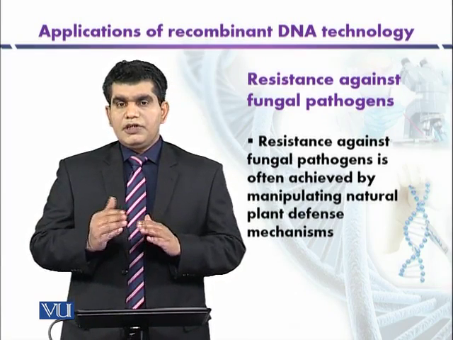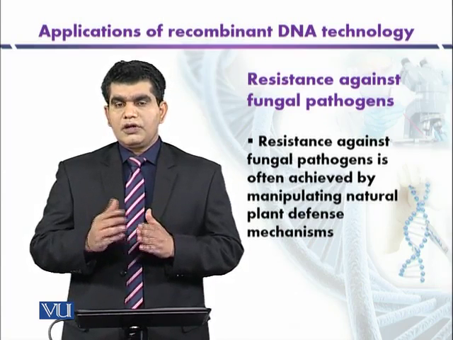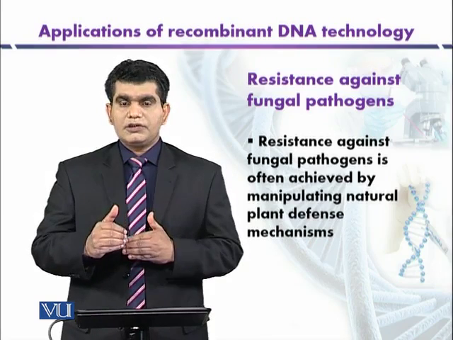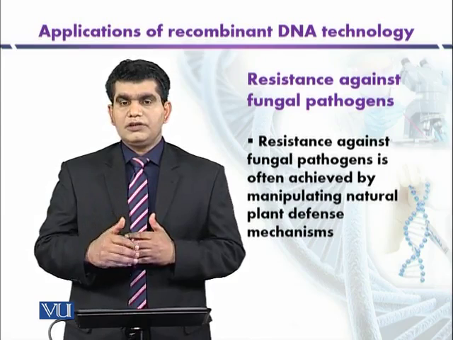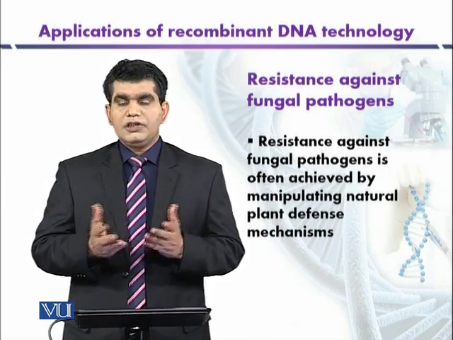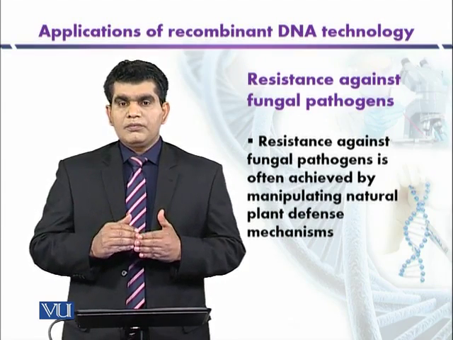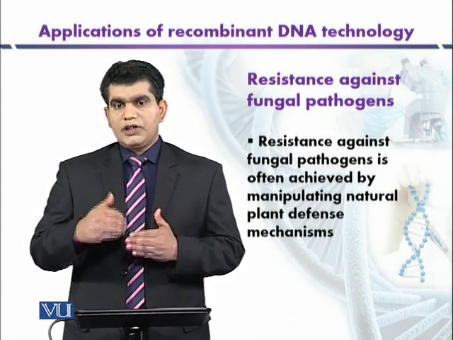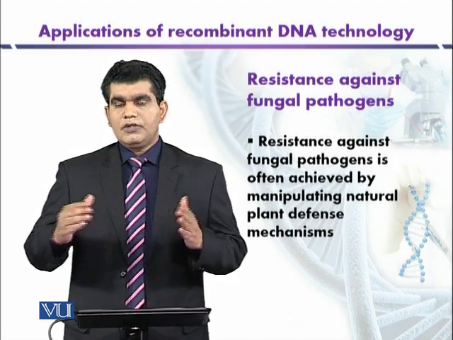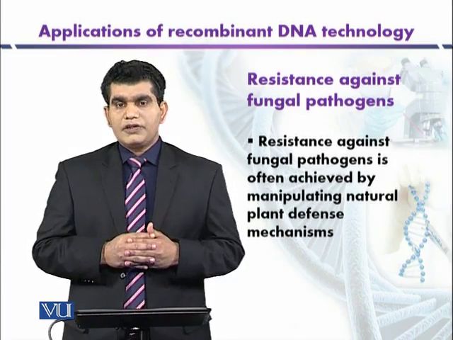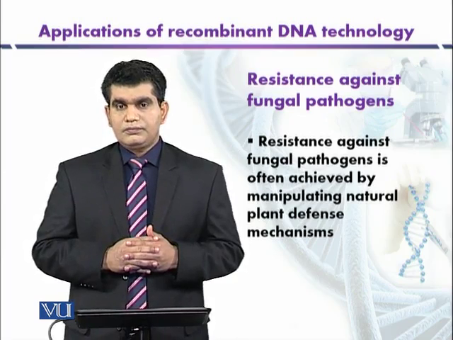For example, these two genes that control the expression of chitinases or glucanases can be simultaneously expressed in the target crops, like in cereals, vegetables, fruits, so that they can show a synergistic effect against fungal pathogens. ये दोनों एंजाइम मिलके फंगल इन्फेक्शंस को ज़्यादा अच्छे तरीके से कंट्रोल कर सकते हैं.